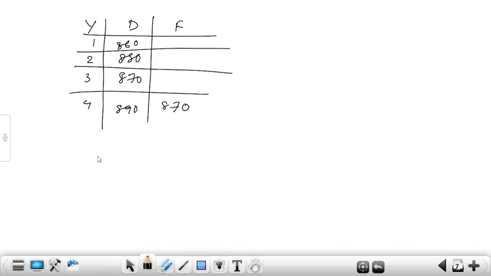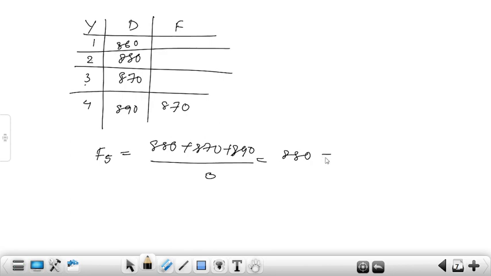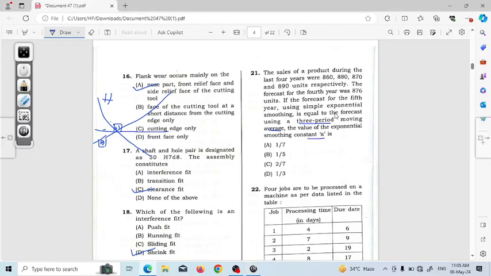So the forecast for the fifth year using the 3 moving average method takes the recent 3 years, 2, 3, 4, so you get 880 plus 870 plus 890 divided by 3, which is equal to 880. So F5, the forecast of the fifth year using simple exponential smoothing method, is equal to the forecast using the 3 period method.